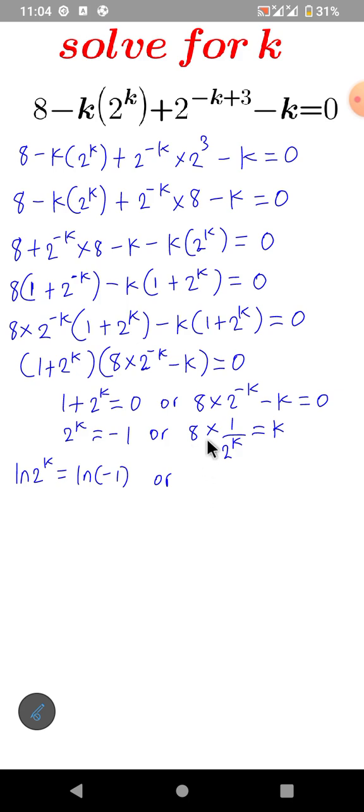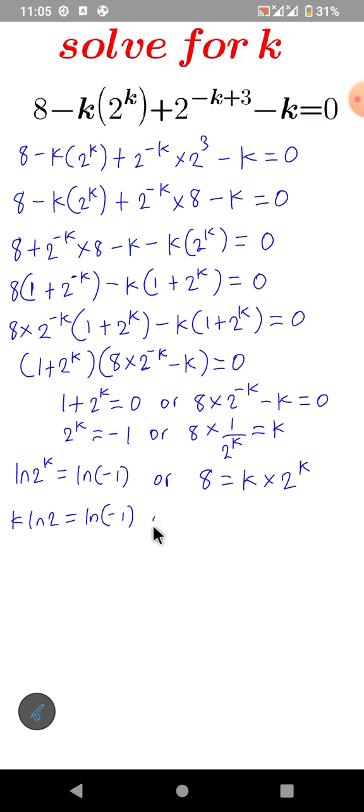So we now have 8 equal to what? k multiplied by 2 raised to the power of k. Then from here, according to the law of logarithm, this k will move behind. So we will now have something like this. k ln 2 equals ln bracket minus 1.